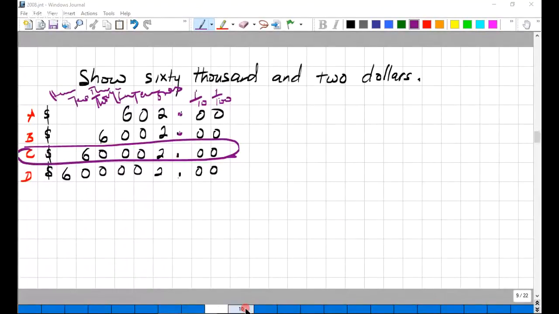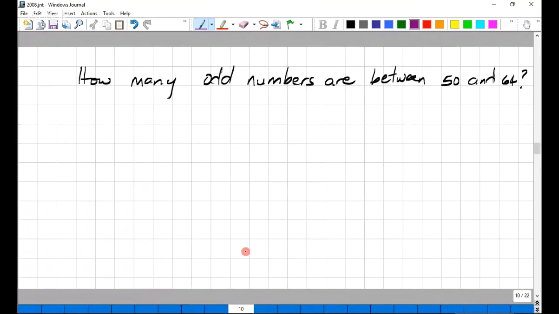Let's go back to Tally. How many odd numbers are between 50 and 64? So what's the first step for this? Sir, what would I have to do? So you have to write all of them.